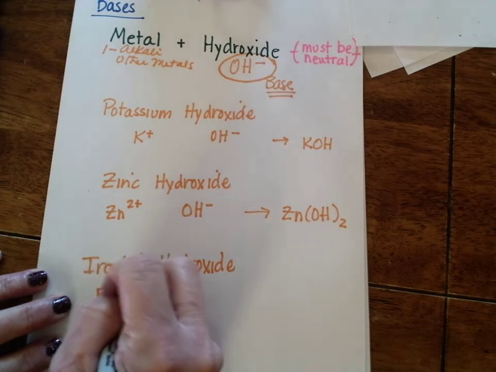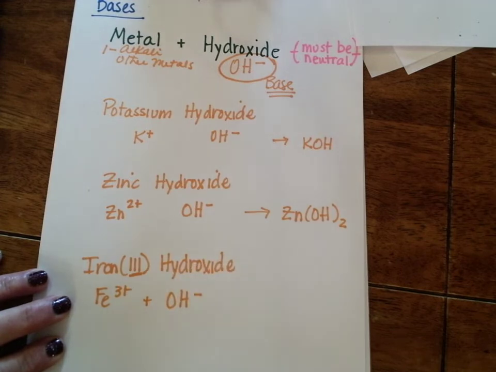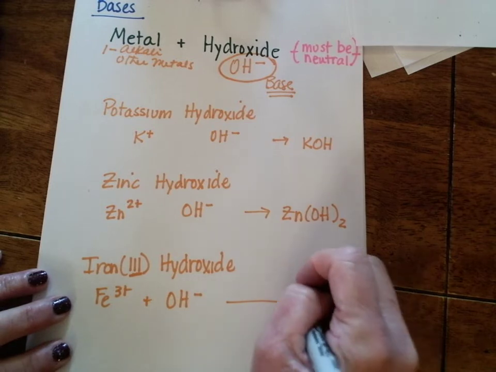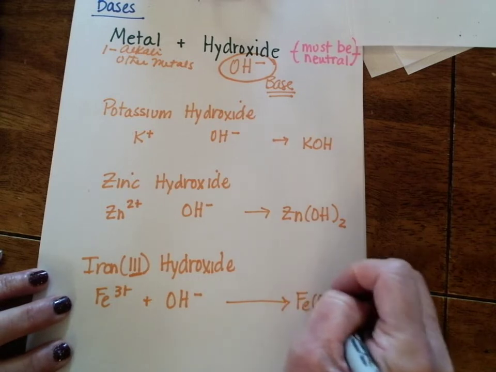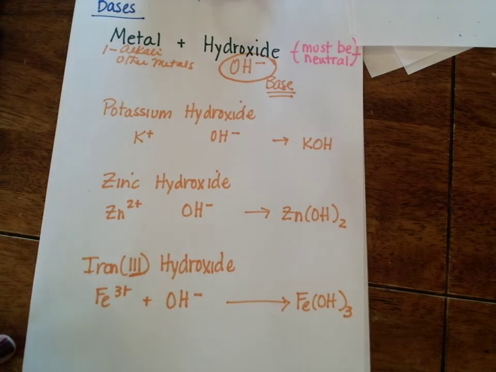So Fe3 plus and OH minus. I want a neutral compound. If this is a 3 plus, this needs to be a 3 minus. We've done this tons and tons of times. That tells me I need 3 of these. So I need Fe(OH) 3 times. Okay, so that should give you a little bit of clarity on acids and bases.